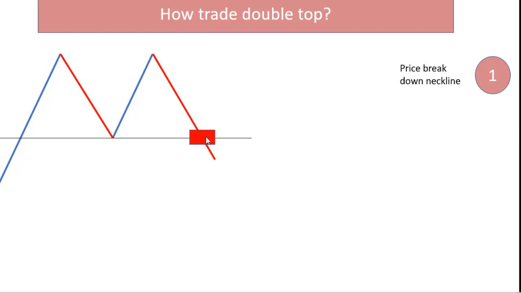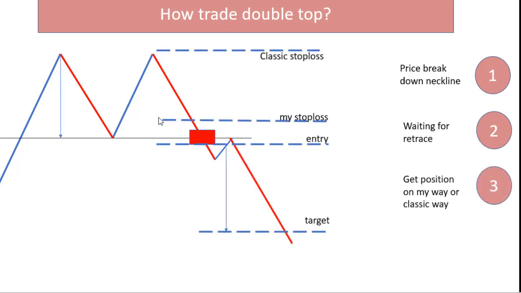Most of the time you can see several candlesticks side by side in this chart, or you can see it as a quick return movement. When the price breaks down this neckline, we wait for the return and we can enter into the position in two ways. If you enter my method, place the stop loss behind 1.5 times the base range.